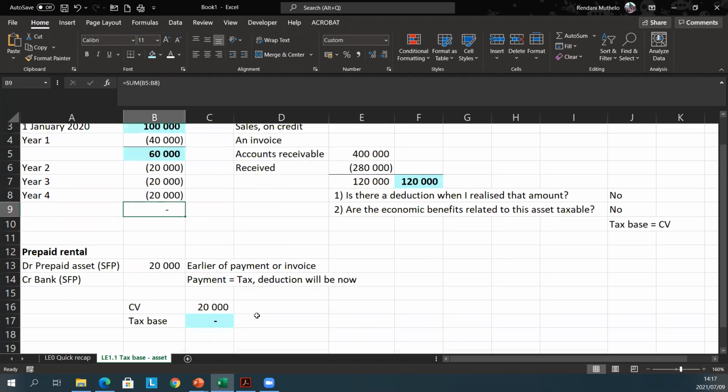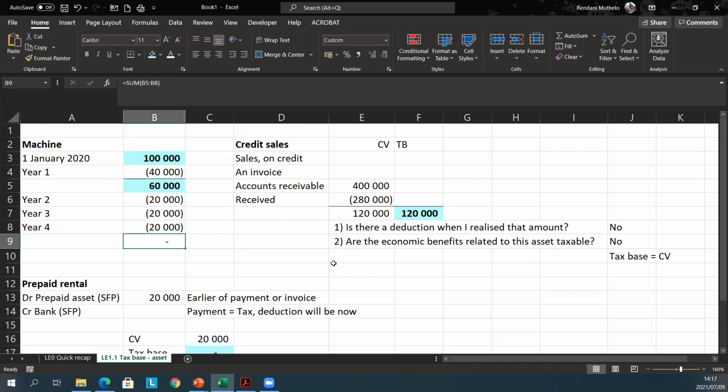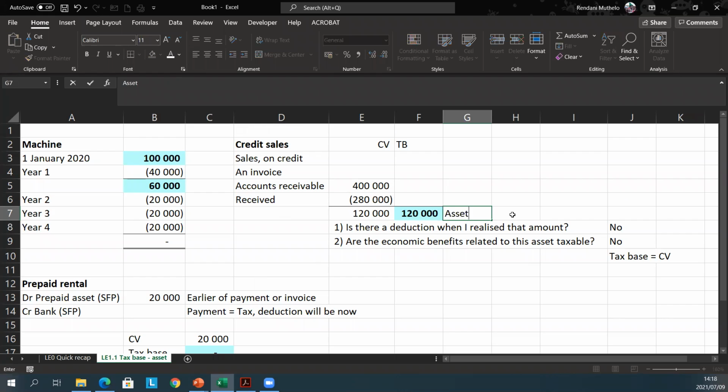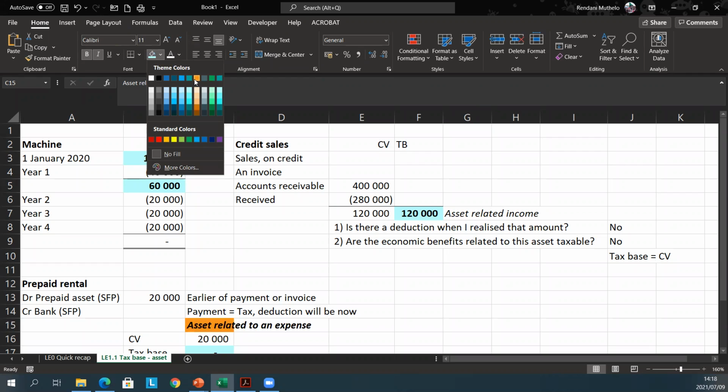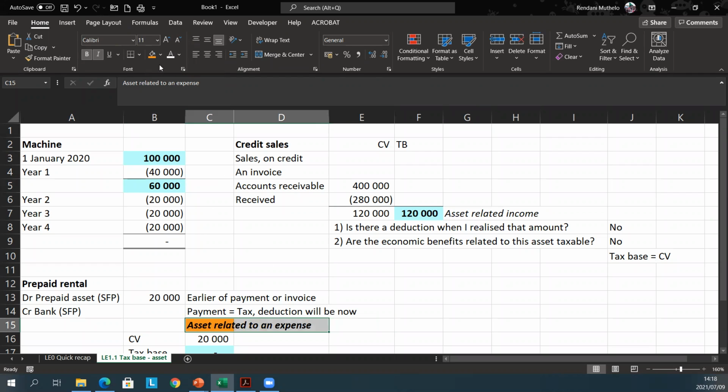So in an exam, or whatever asset they may give you, apply the test. And we will notice that when the test relates to an asset related to income, it seems to be different to an asset related to an expense. So what do I mean? For a prepaid expense, in this case prepaid rental, we focused on the question of whether the deduction has been received or not.